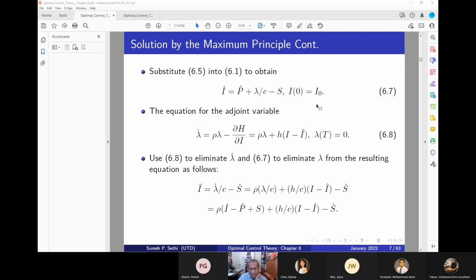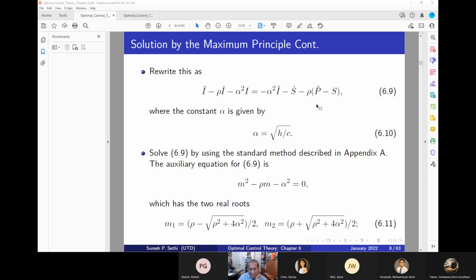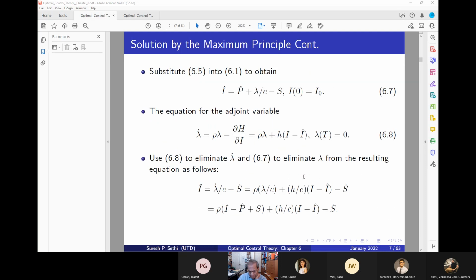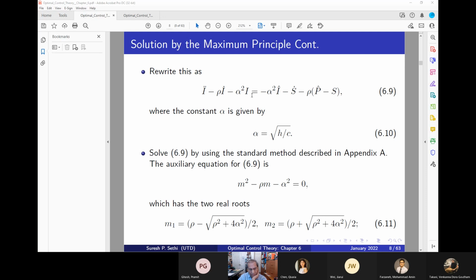That equation can be written this way. I put alpha as H by C, and that I double dot equation can be written this way.